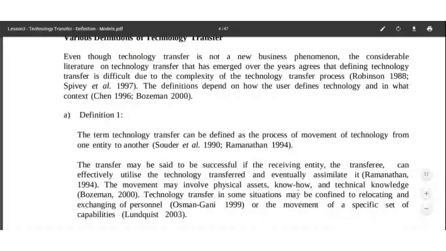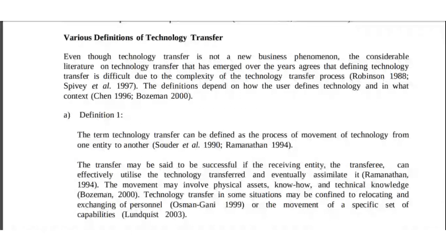In a similar vein, economists such as Arrow and Dorsey have analyzed technology transfer on the basis of the properties of generic knowledge, focusing particularly on variables that relate to product design. All right, so those are the definitions.